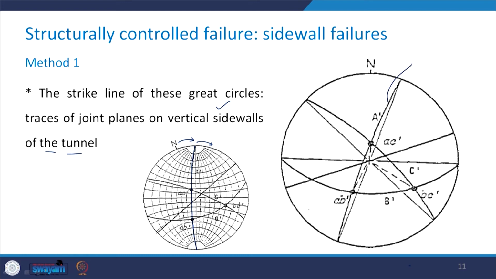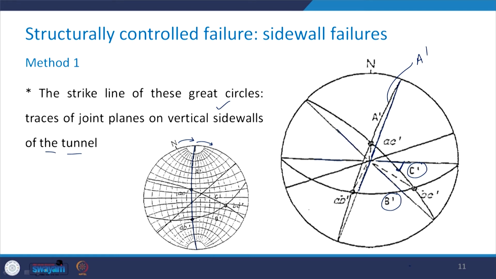So, here this is your A prime, this is B prime, and this circle is your C prime. So, the strikes of these great circles are going to give us the traces of the joint planes on the vertical side walls of the tunnel. So, this is how we can get the strike lines of these three circles.